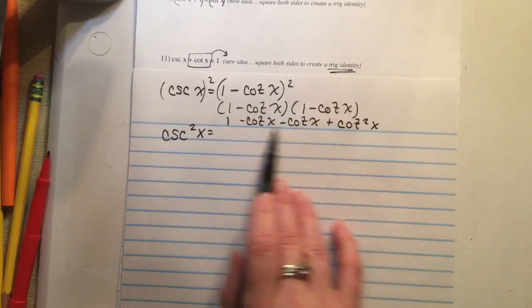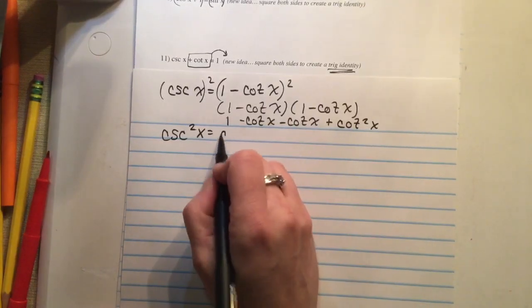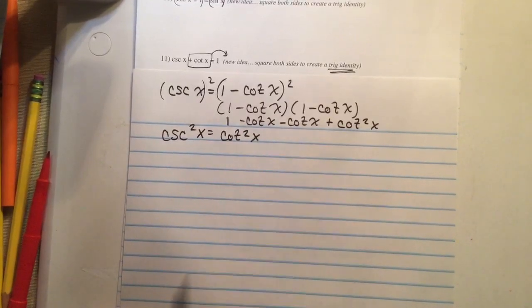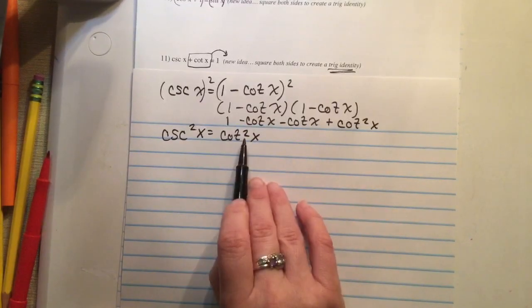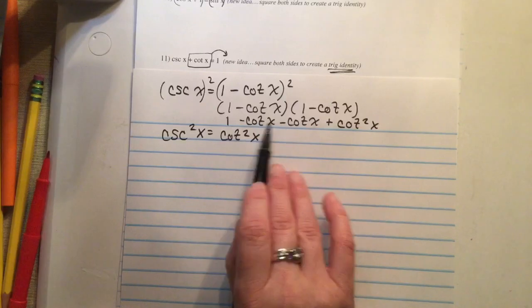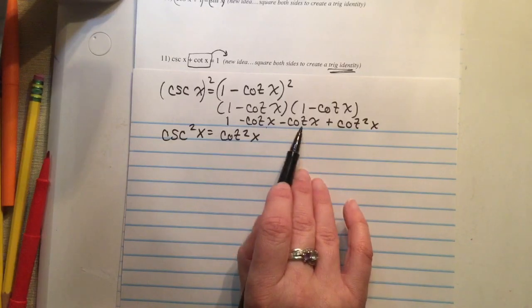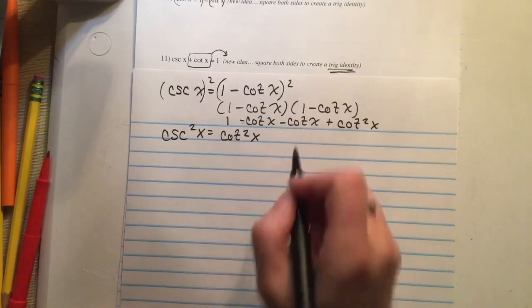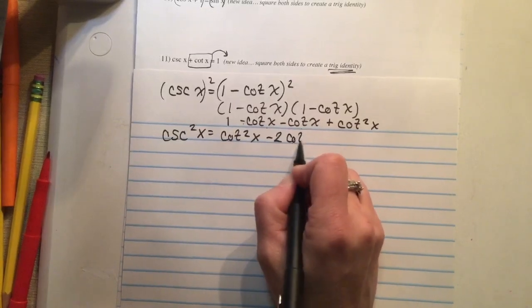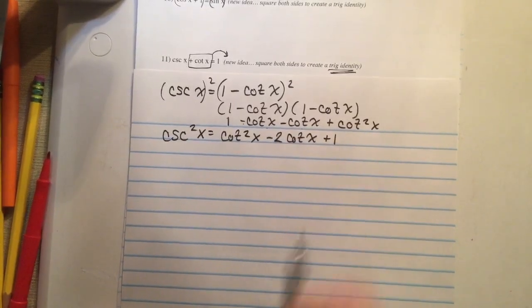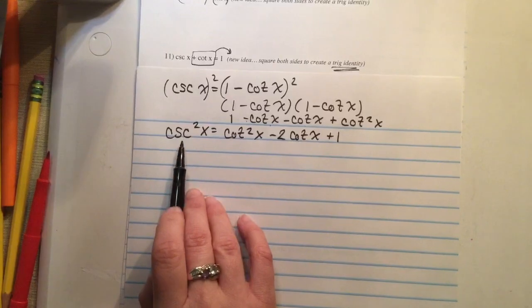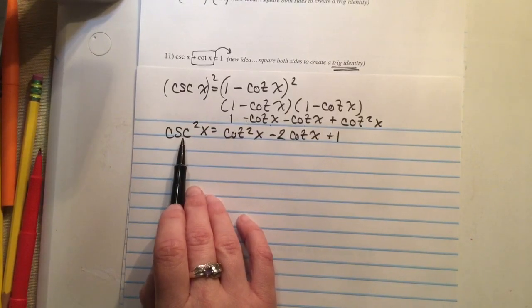So what I'm going to do here is put it in standard form. My cotangent squared of x, I'm going to take this first because it has the highest exponent. These are like terms. They're both a single cotangent of x. Negative 1 and negative 1 makes negative 2 cotangent of x, plus 1. Now I can turn this into a cotangent.